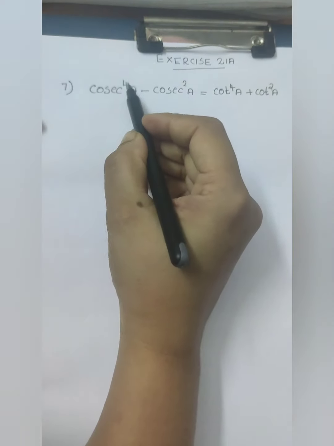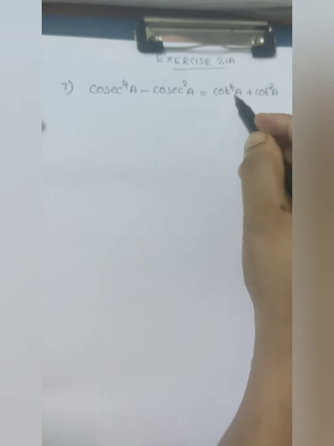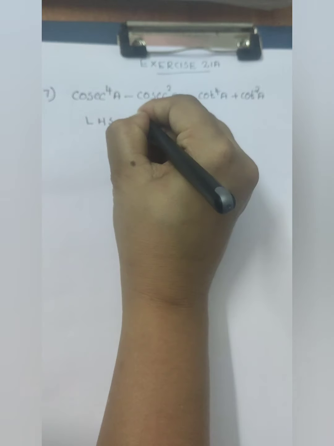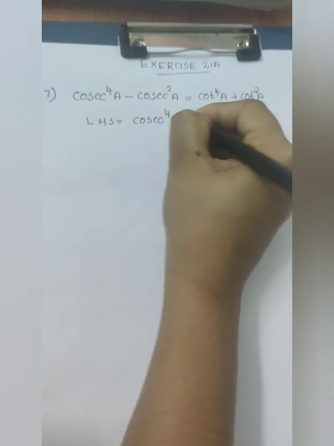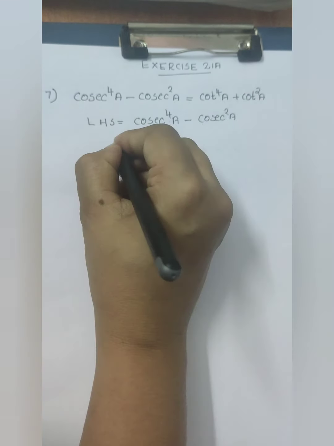Question number 7. Cosec raised to 4a minus cosec square a equal to cot raised to 4a plus cot square a. Now the LHS equal to cosec raised to 4a minus cosec square a.